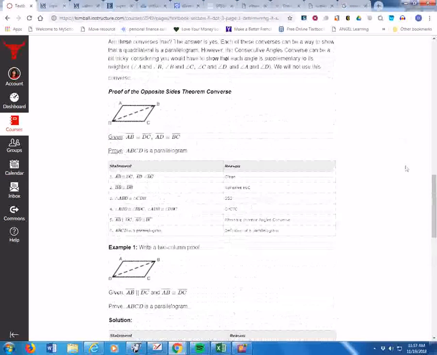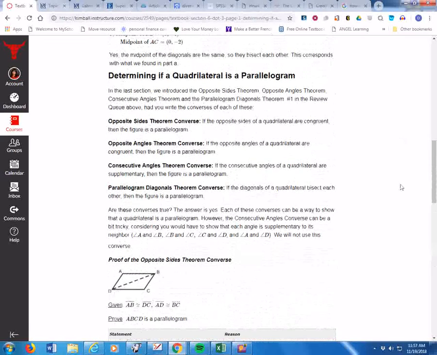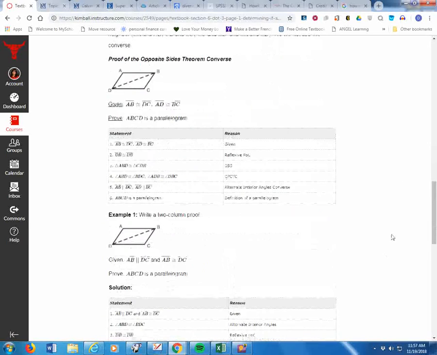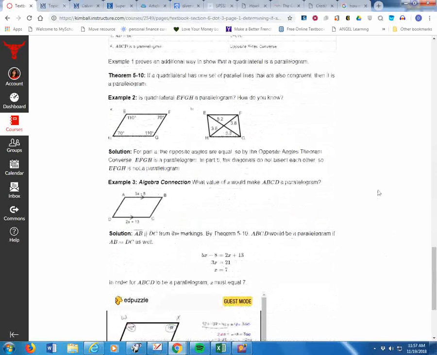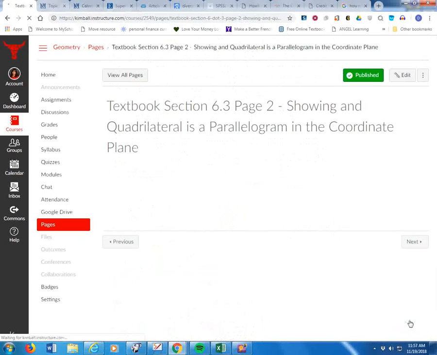So if the opposite sides are congruent, the figure's a parallelogram. Opposite angles, figure's a parallelogram. If the consecutive angles of a quadrilateral are supplementary, it's a parallelogram. If the diagonals bisect each other, it's a parallelogram. I think the other one you can do is if two sides are parallel and equal, it's a parallelogram.